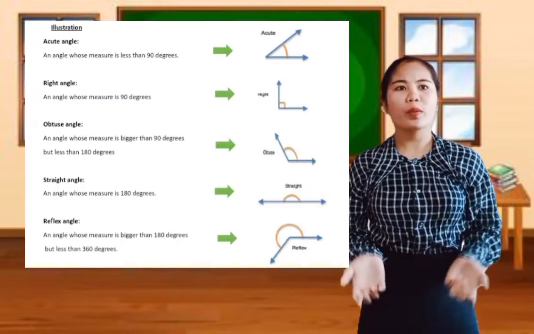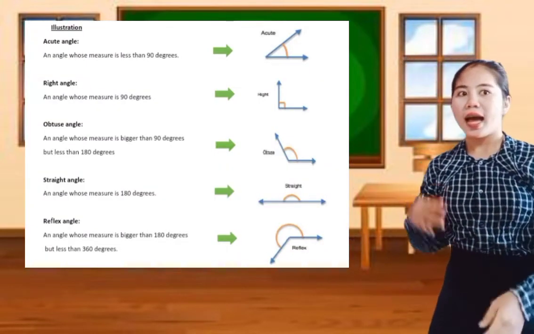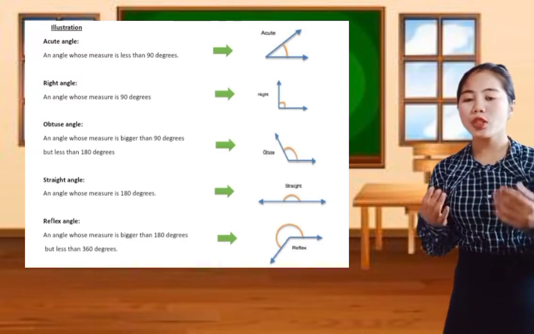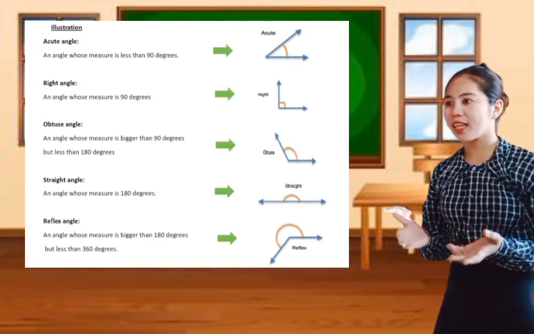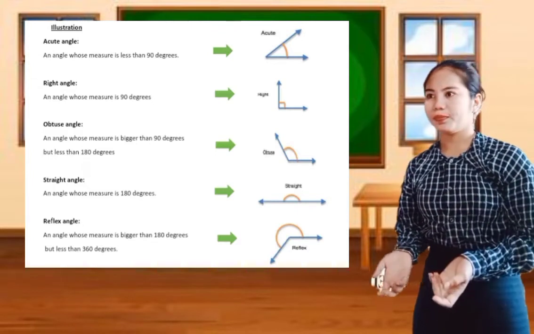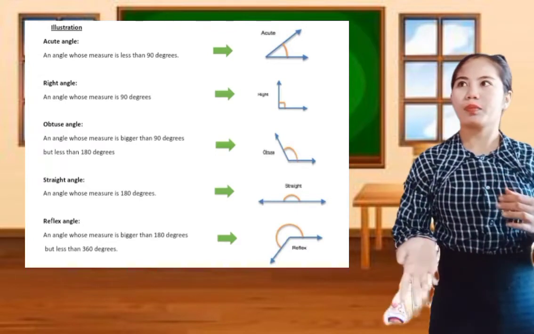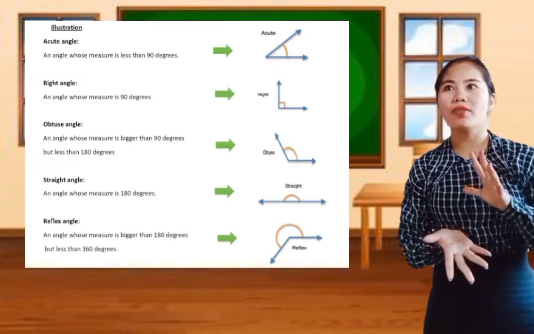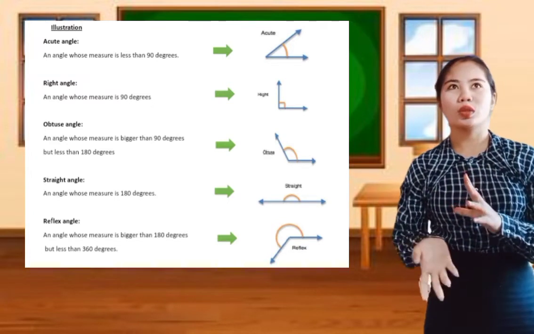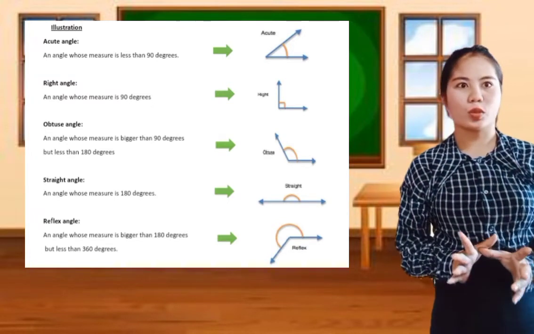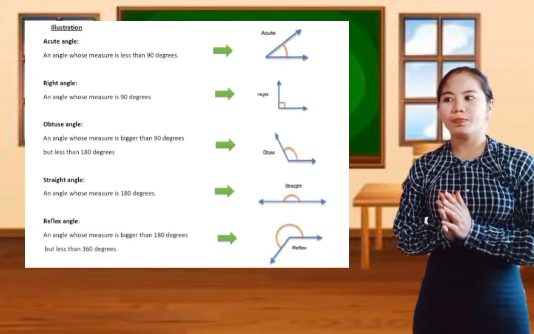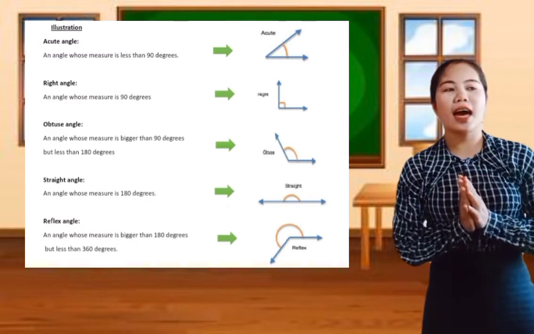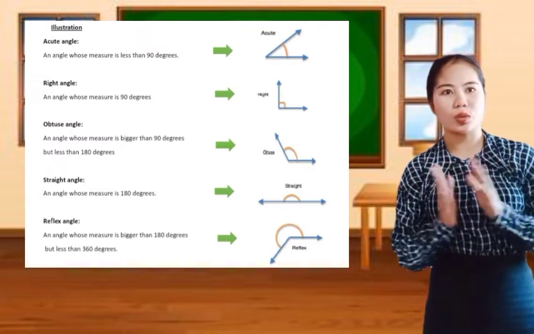First type of angle is the acute angle, whose measure is less than 90 degrees. So the acute angle is 1 to 89 degrees. If the angle is 89 degrees, it is acute.